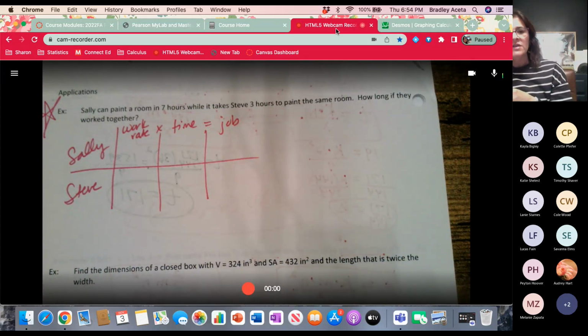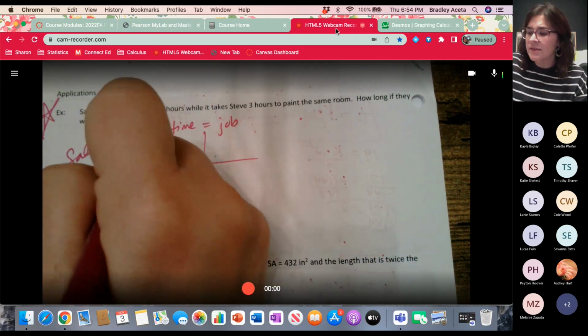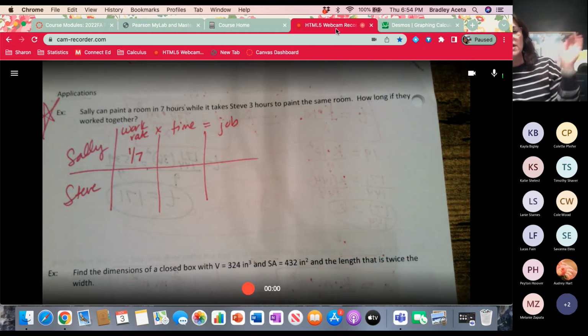Okay. So let's talk about this. If Sally can paint a room in 7 hours, then her work rate for 1 hour, you would call it, she could get 1/7 of the job done. That's her work rate. If it takes her 7 hours to do a whole room, she'd get 1/7 of the job done.